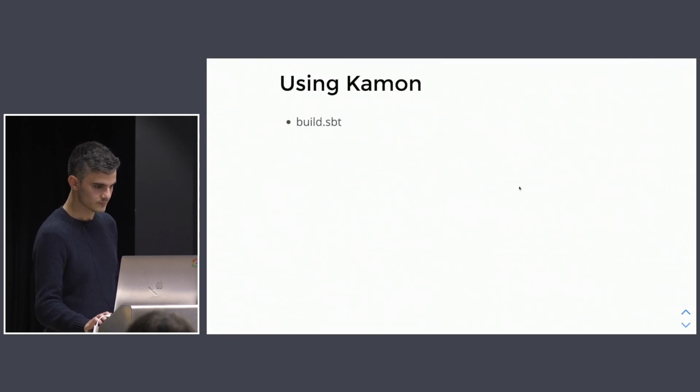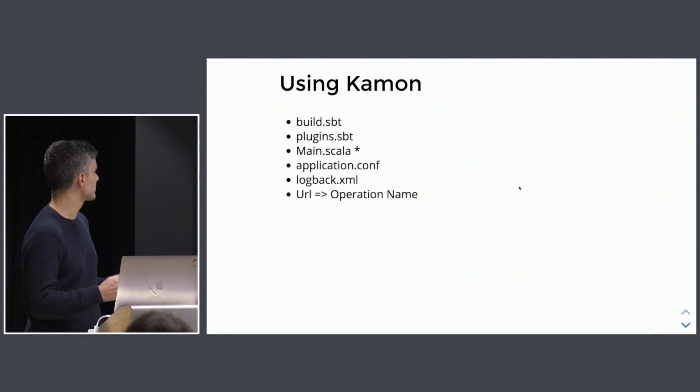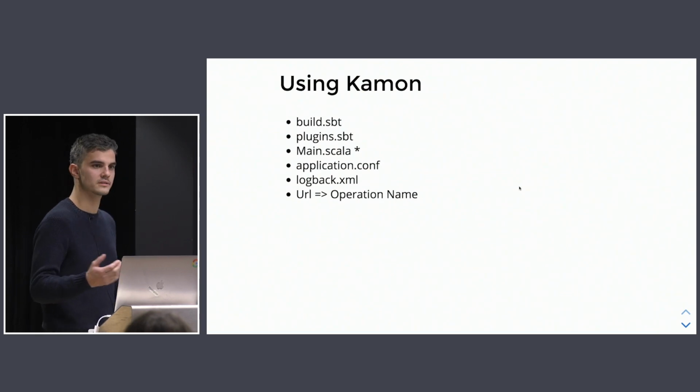And lastly, in terms of integrating your projects with Kamon, most of the changes you have to do are based around build.sbt and plugins.sbt. So it's mostly configuration, so you have to add the libraries and add some plugins.